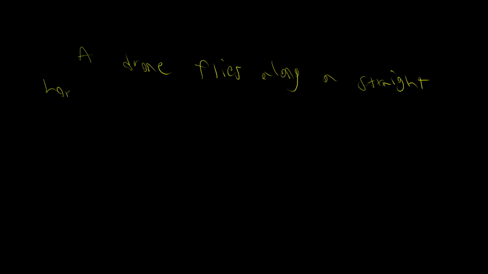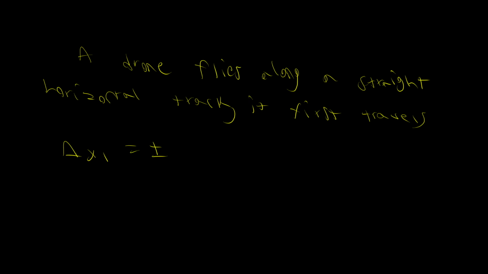And problem 3. Okay, wrong color. A drone flies, so delta x1 is equal to plus 12 meters, then flies backward.